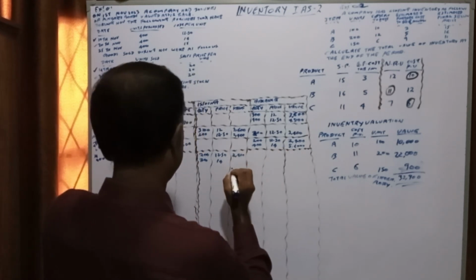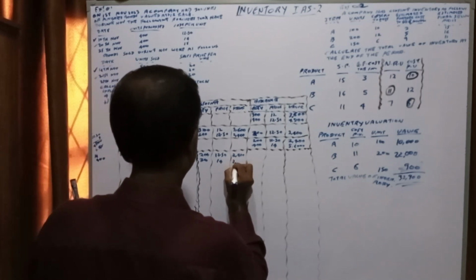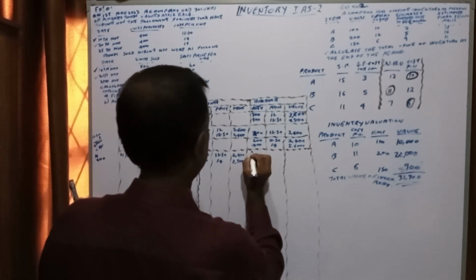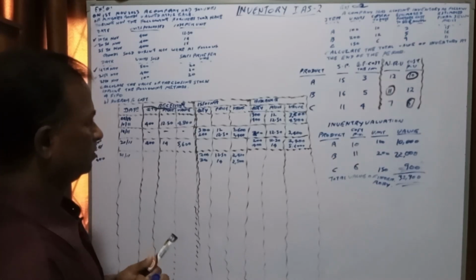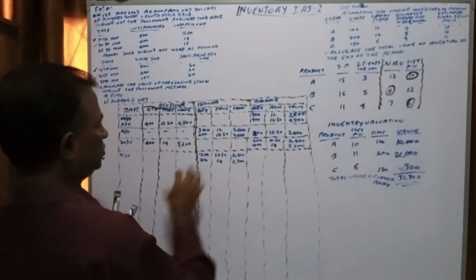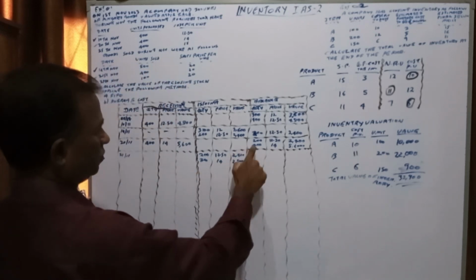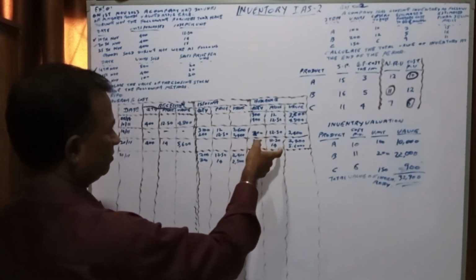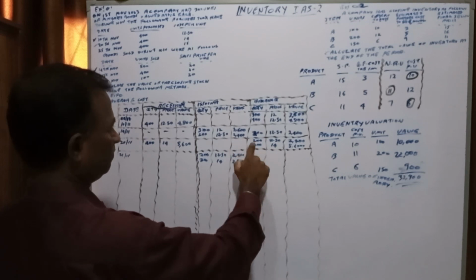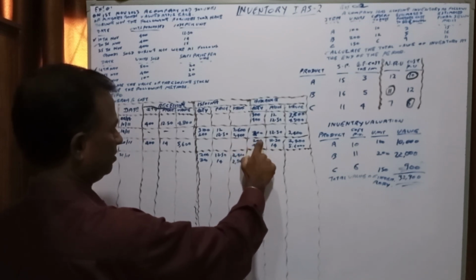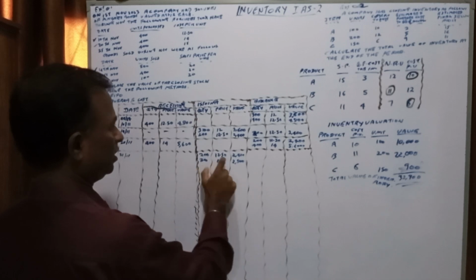This is first in, first out: the 200 that came in first go out first at 12.50.